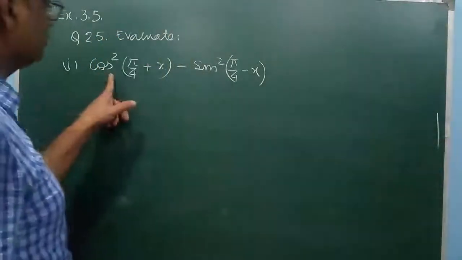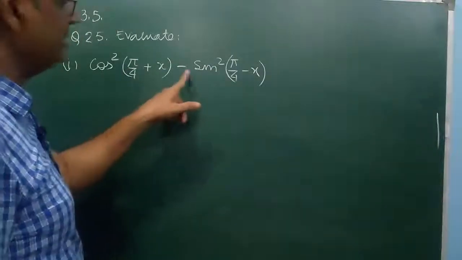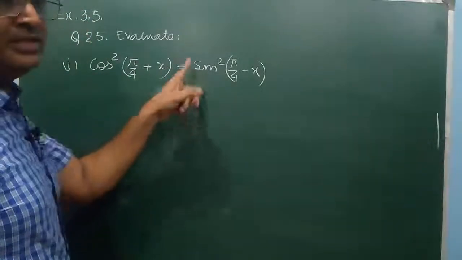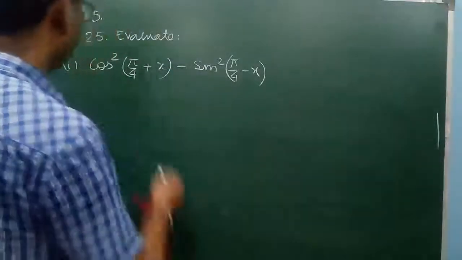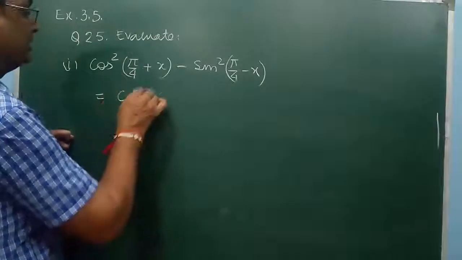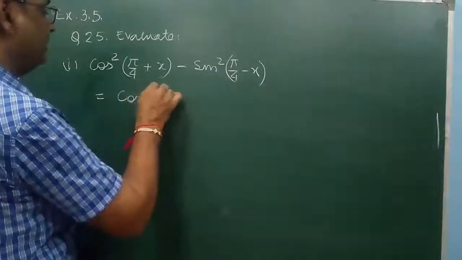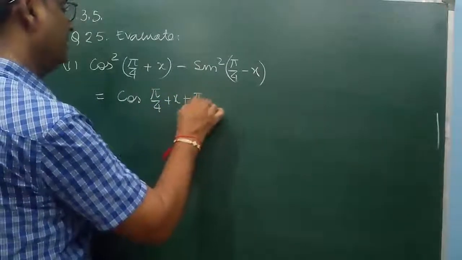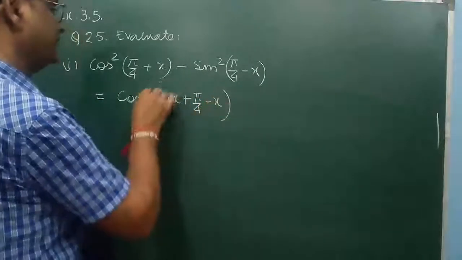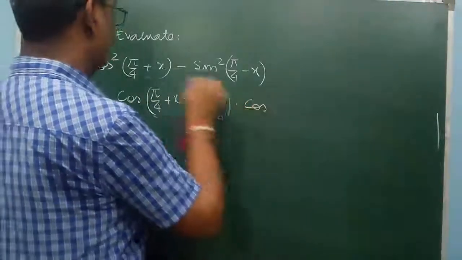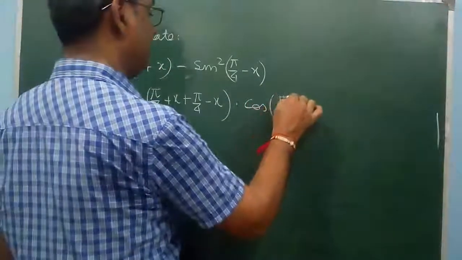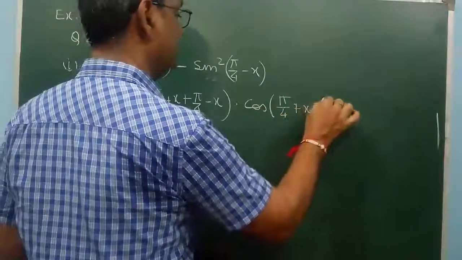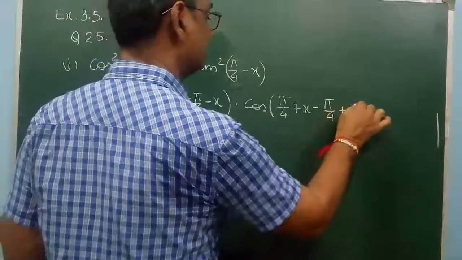The formula is cos square C minus sin square D is cos (C plus D) into cos (C minus D). So here the formula will be cos this plus this, (pi by 4 plus x) plus (pi by 4 minus x), into cos, now this minus this, (pi by 4 plus x) minus (pi by 4 minus x).